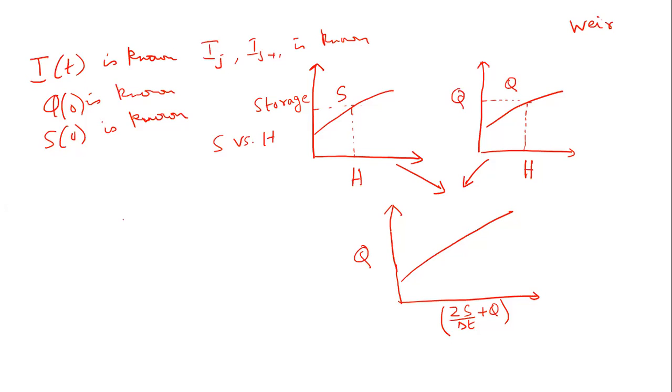For a given value of h, if I know both S and Q, can I not develop this curve between Q and 2S by delta T plus Q? For all values of h, the corresponding values of S and Q are known. So using that, I develop this curve of 2S by delta T plus Q versus Q, right?